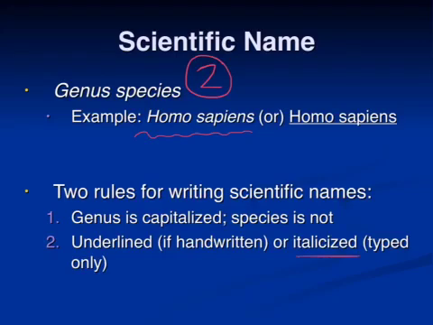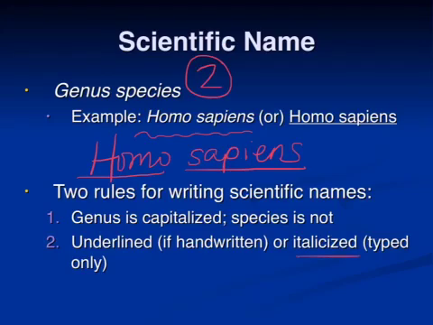If you were handwriting it, I can't italicize my handwriting, so I would underline that. And that's because these are Latin names, so it's just something we do. Also notice that the genus, the first part, always starts with a capital letter, and then the species name is a lowercase letter. So just a couple of rules, good to know.